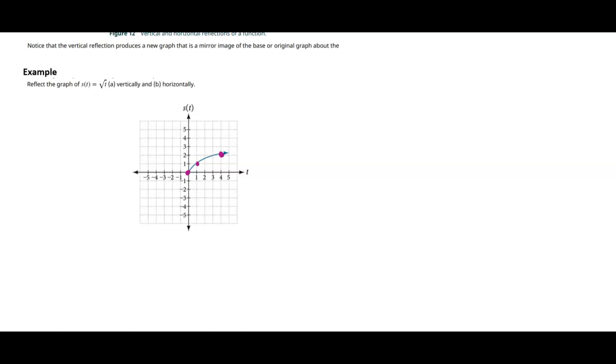All right, if I wanted to do a vertical reflection, let's call that v of t, then that would be a negative on the outside, because every positive y value needs to become negative. Now (0, 0) stays. And this would be v of t right here.